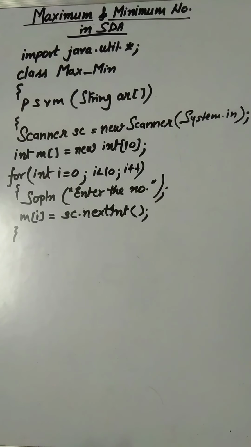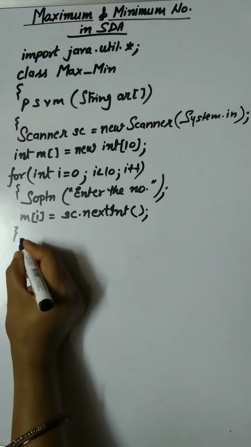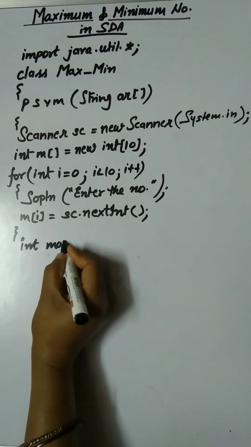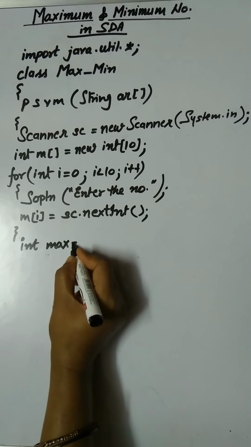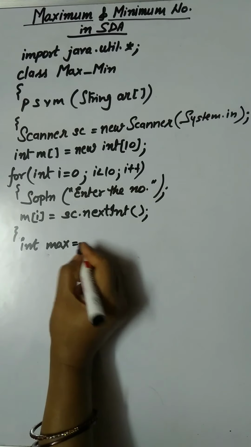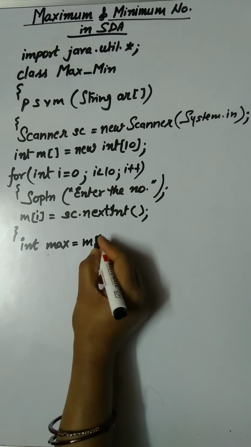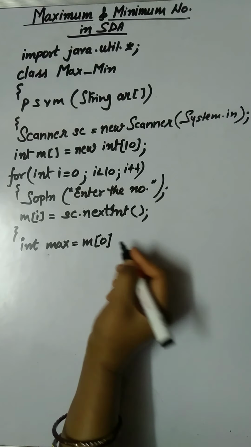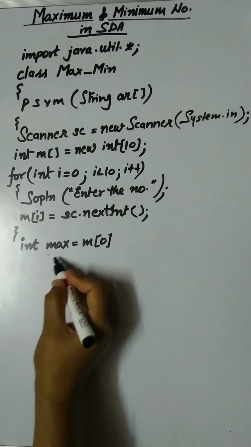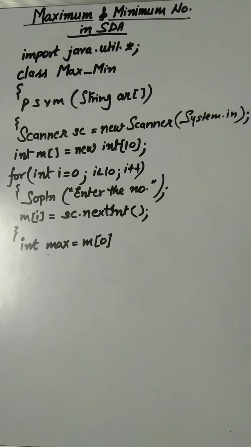After this we have to find the minimum and maximum number. So first of all we take the variable. Here I am taking int max, and its initial value is m of 0. M of 0 means the 0 index number I will store in the max variable.